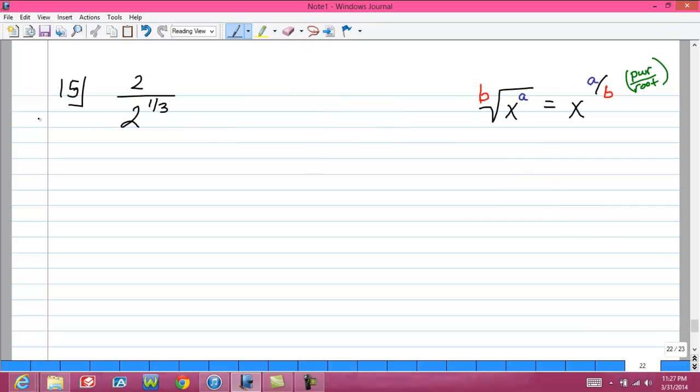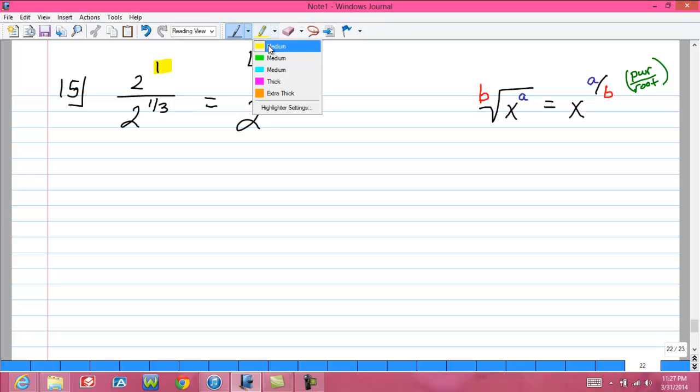15. This is also Law 5. When we divide like bases, subtract the exponents, and the base stays the same. There is an understood 1 right here by the 2 as its exponent. 1 is bigger than 1/3, so I'm going to bring 1/3 to the top and subtract it from 1.